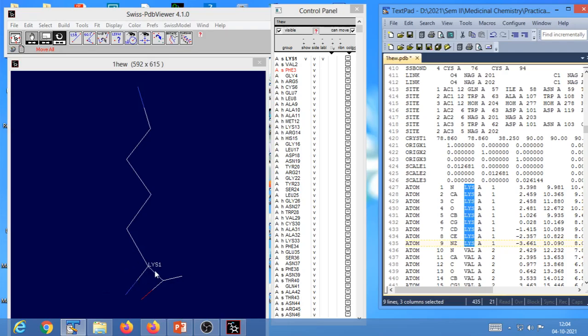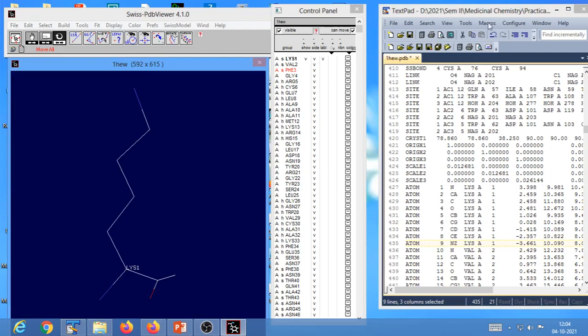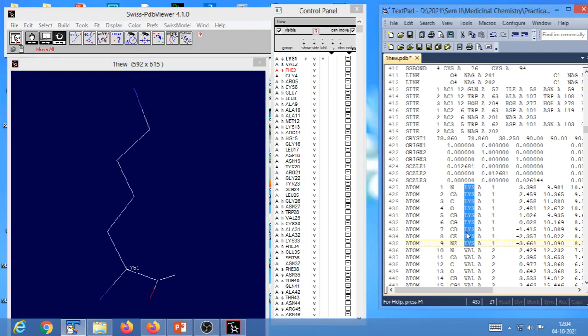What you are visualizing over here is the structural data represented on line number 427 till line number 435. When you click on this label button, you have labeled this lysine.